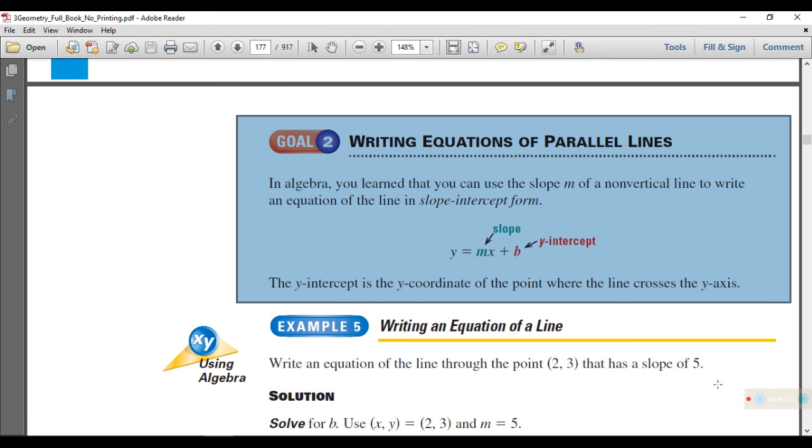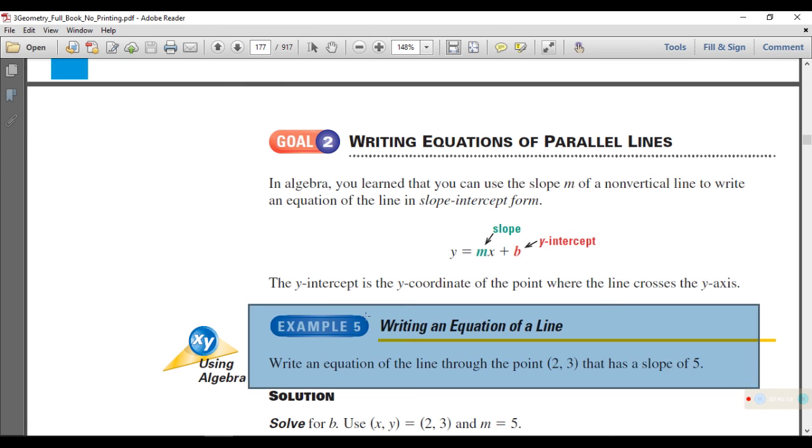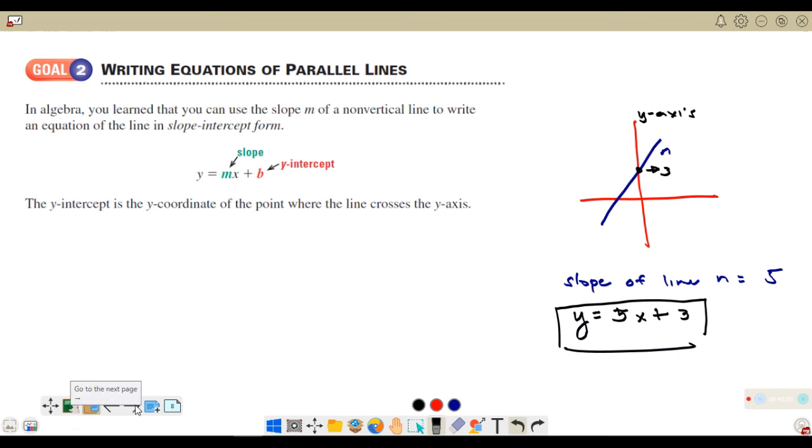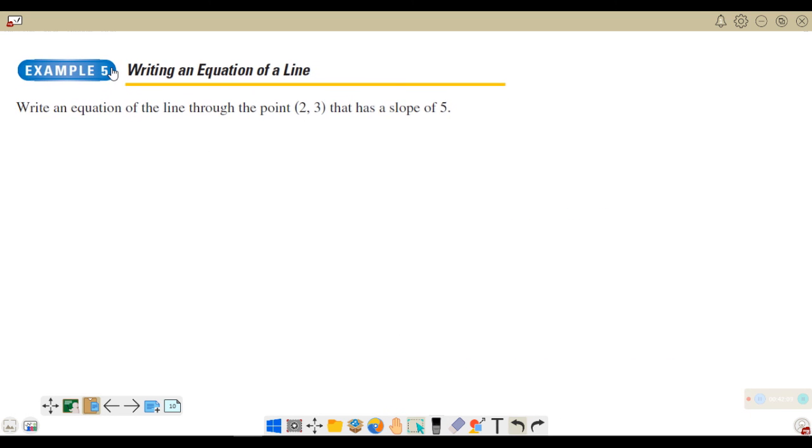Okay. Now, meron tayong problem dito. We are going to write an equation of a line through the point 2, 3 that has the slope of 5. Okay, so how can we do this?